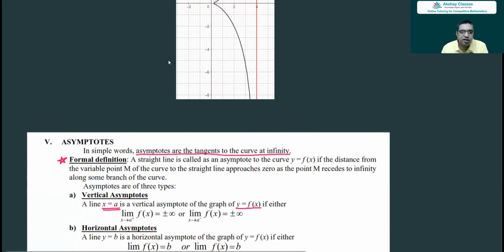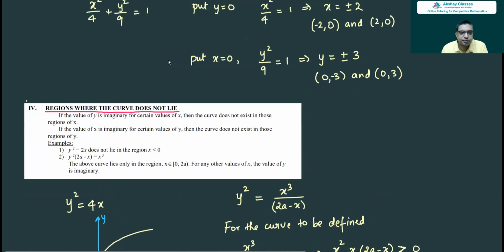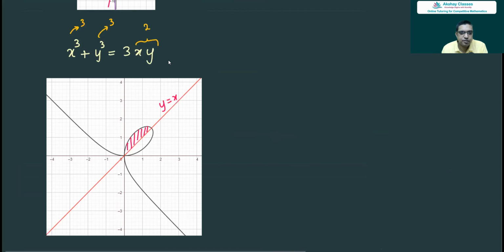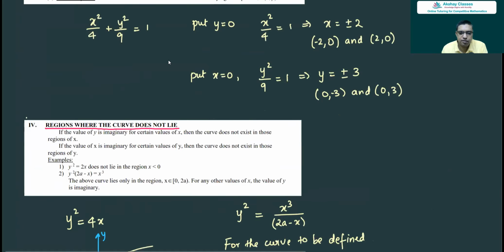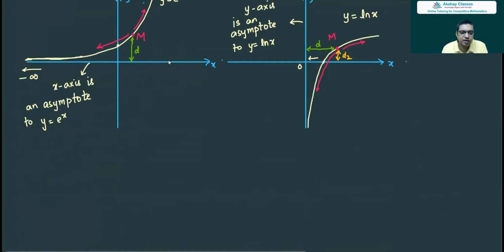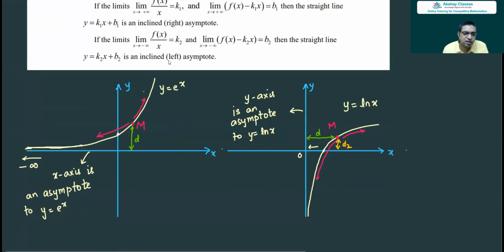So here look at the graph of e power x. As x approaches minus infinity, limit x tends to minus infinity of e power x is equal to 0. It's a constant. So this is the asymptote.